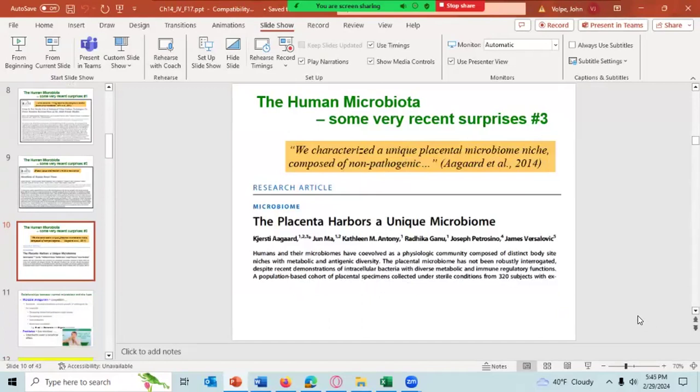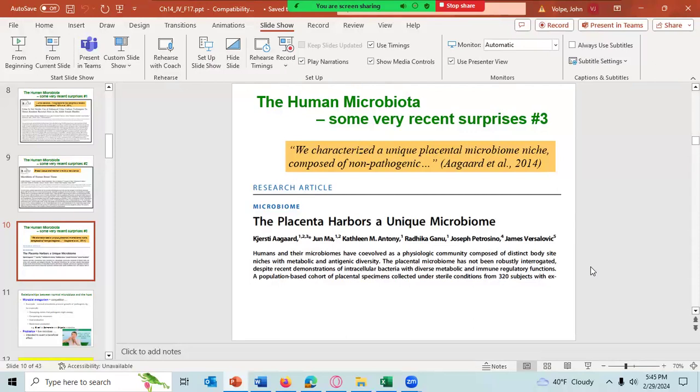And I don't know why this is a surprise, but they've discovered that the placenta of a pregnant female has a normal microbiota. And why this is not a surprise to me is the female reproductive system is open to the outside. So it's not surprising that the bacteria can come in and come up to the placenta.